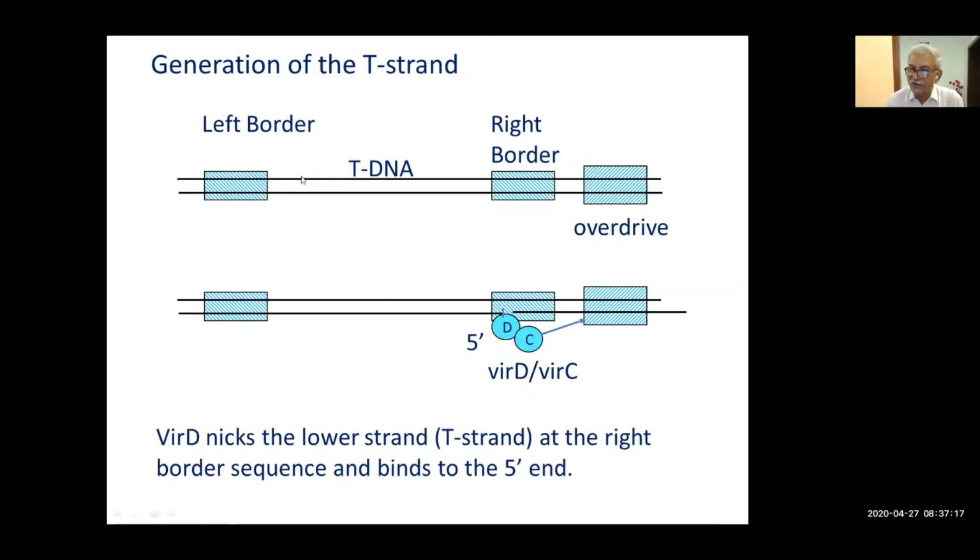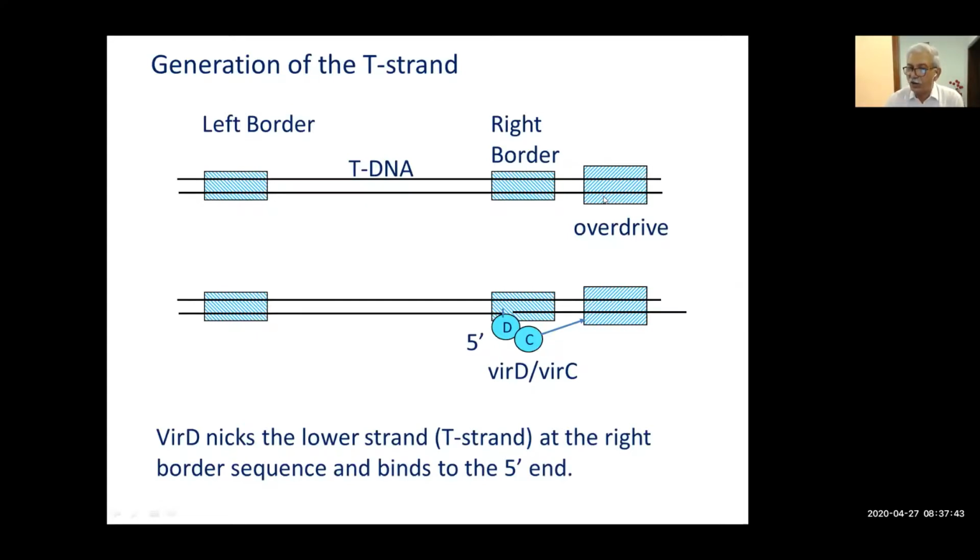So the genes of our interest lie between left border and right border, they are here. And we have taken the overdrive sequence from the octopine type strain and put it close to the right border side so that it can initiate the formation of tDNA very efficiently.